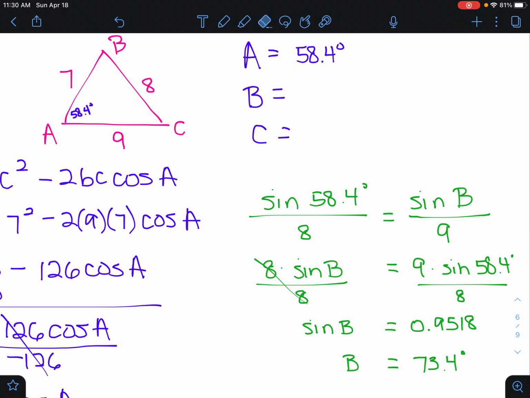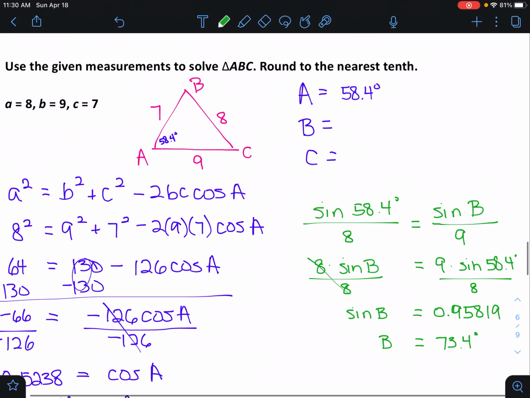And I need to do a little fix of this. That should be 9, 5, 8, 1, 9, etc. All right, so now that's my next angle. I get 73.4 degrees.